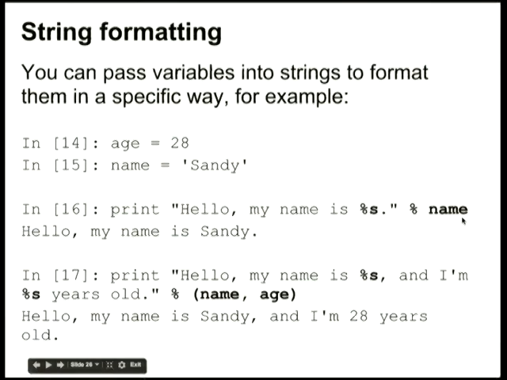Well, what if I want to insert multiple variables into my string with string formatting? I want to tell you my name and my age. So I can actually rewrite that sentence with %s. Hello, my name is %s, and I'm %s years old. The only difference between the way this is written in code with multiple variables versus one is that you've got parentheses, right? So you're passing in multiple things at the same time, and in order to tell Python, please include all of these, you're wrapping them in parentheses.